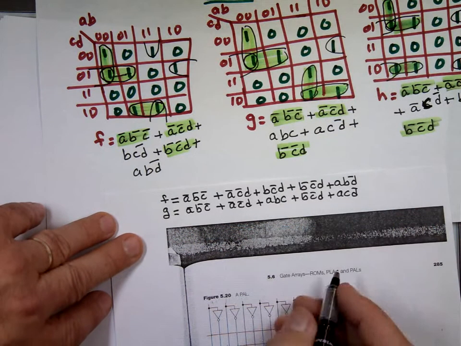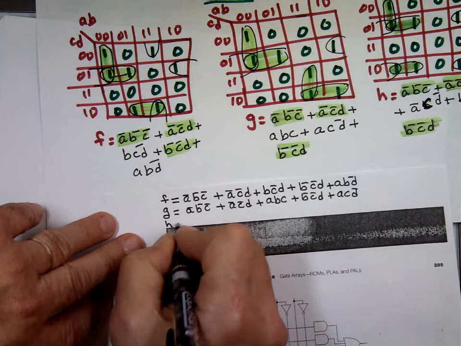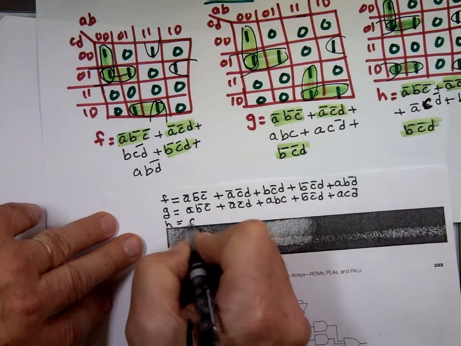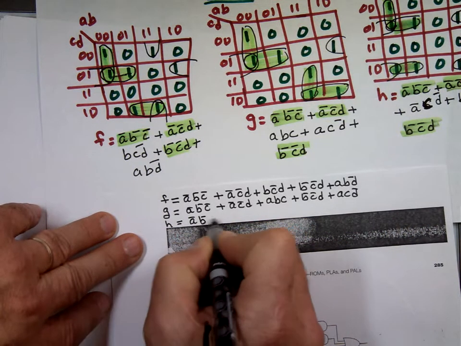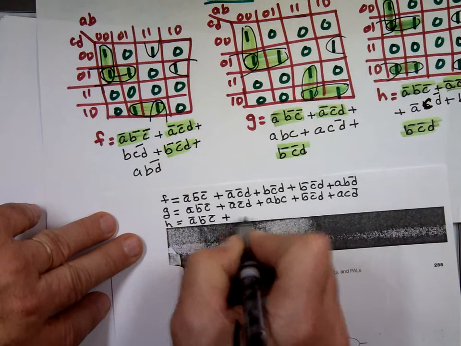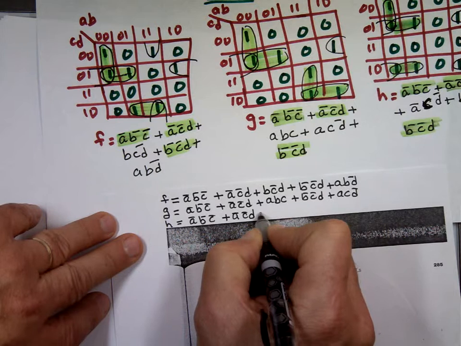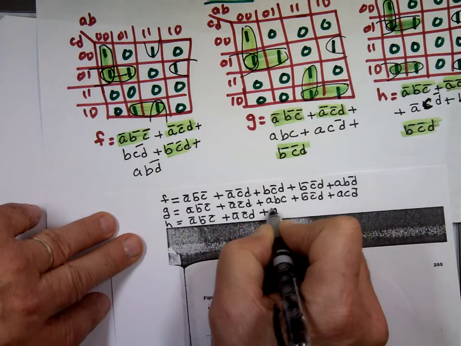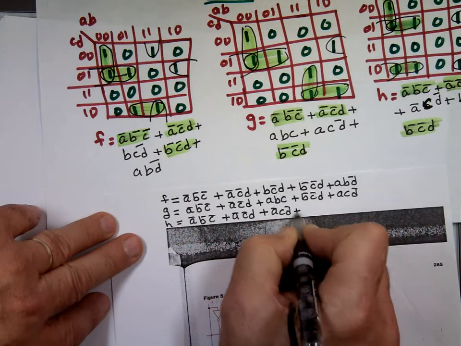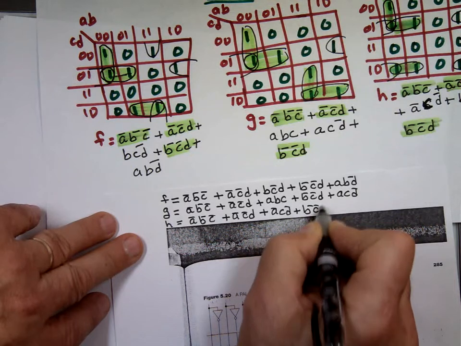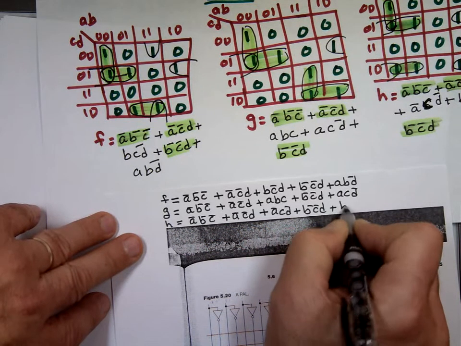And H is going to be the same thing: A naught, B naught, C naught, plus A naught, C naught, D, plus A naught, C, D naught, plus B naught, C naught, D, plus B naught, C, D naught.